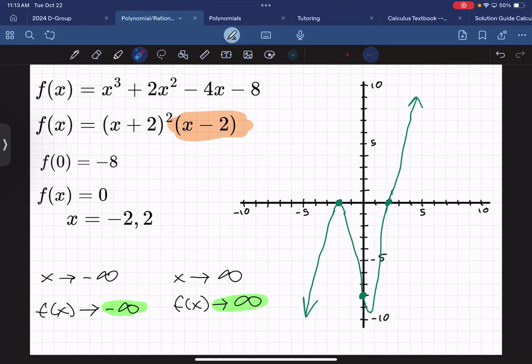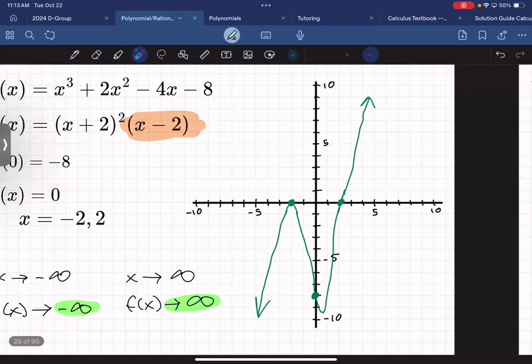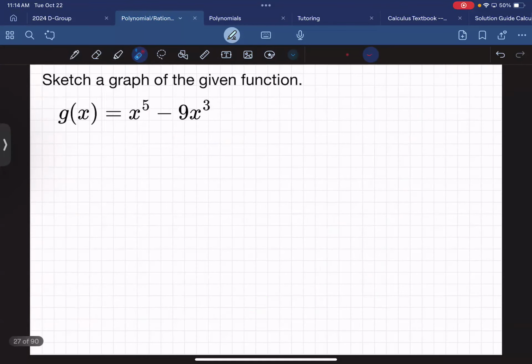So that's one perspective that we have to be prepared for. This is me just introducing some of the things that are changing. So what if I gave us this one and I just said, let's walk through sketching the graph of this function. Let's see how that looks through this process.